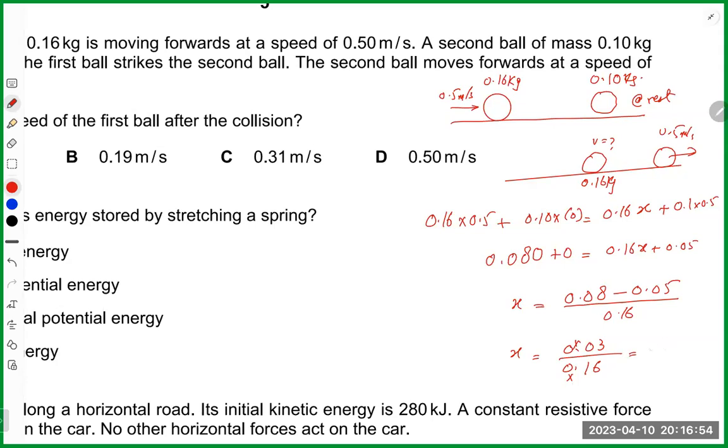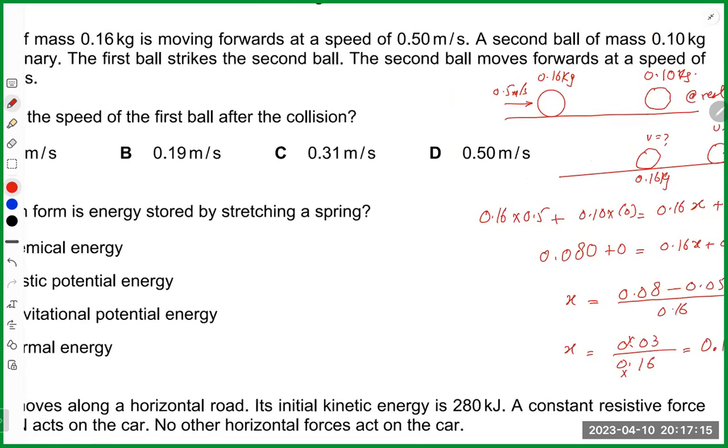If you have a calculator, you can figure out it is 0.1875, I think. So 0.19 meter per second.